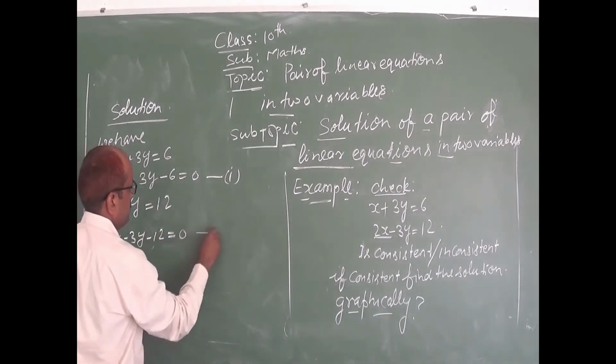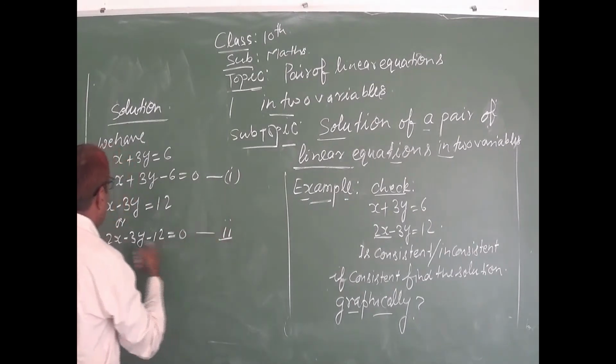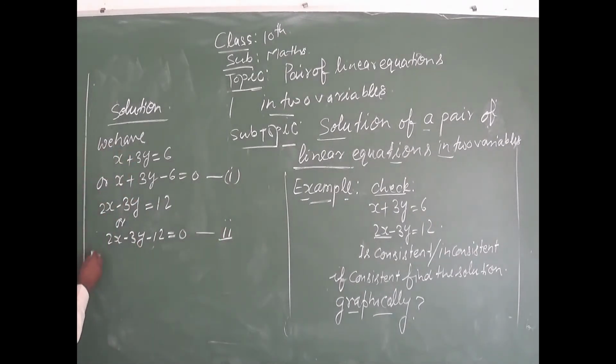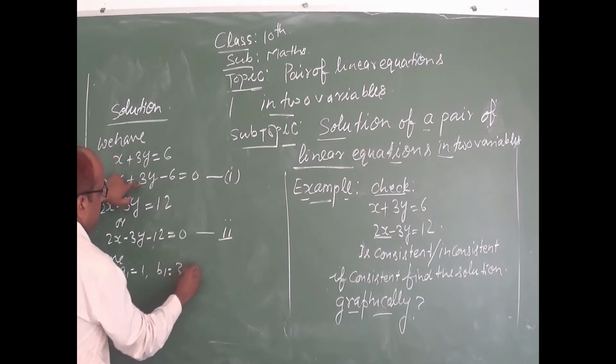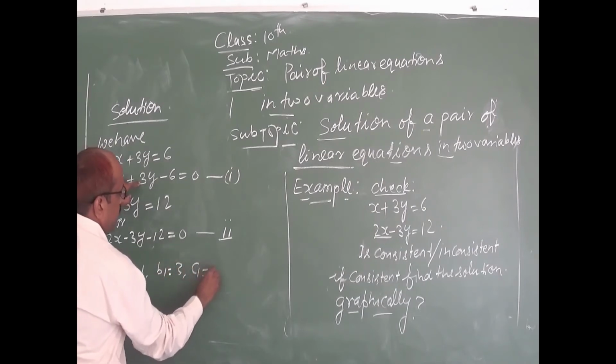Students, this is the second one. Here we can say a1 is equal to 1 and b1 is equal to 3 and c1 is equal to minus 6.